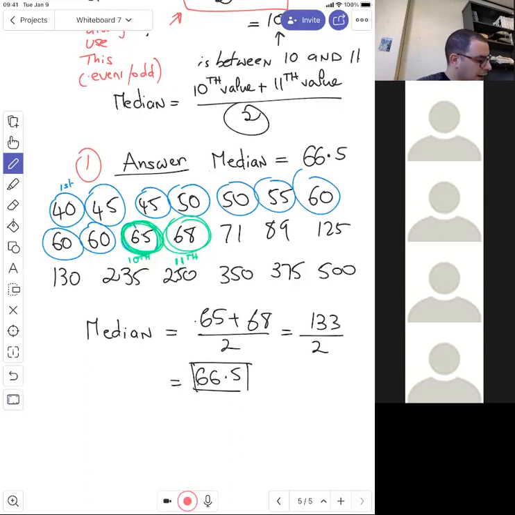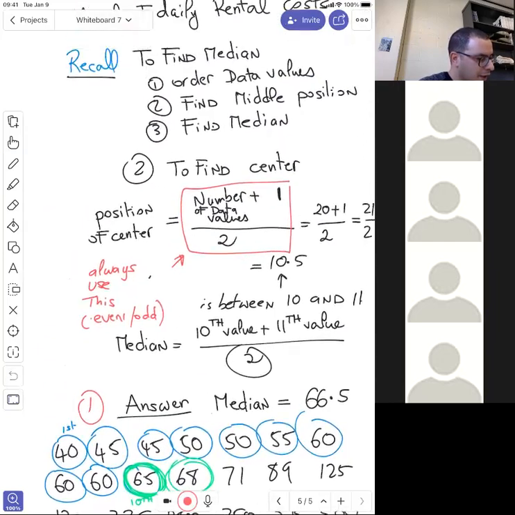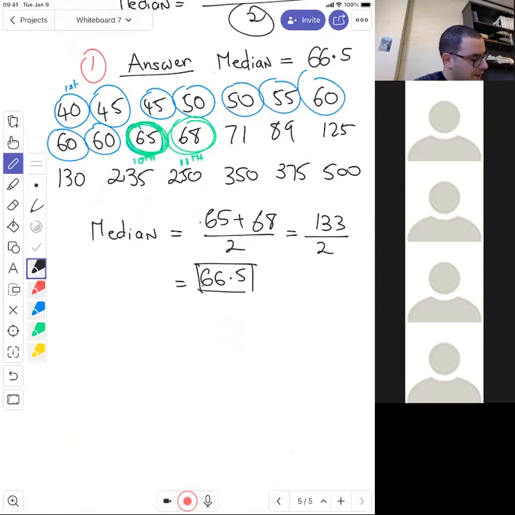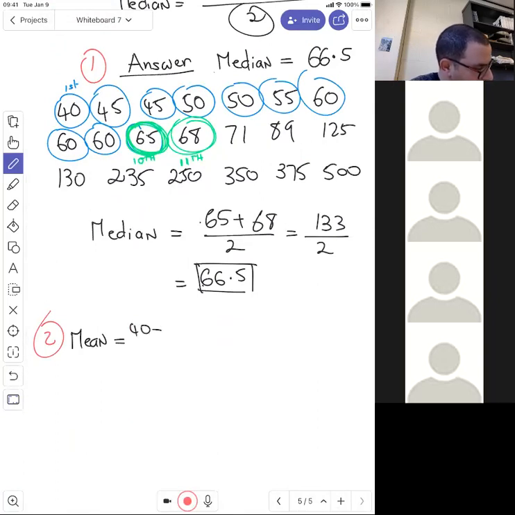All right, so we have the median. Next we need to find the mean. So number 2. The mean would be the sum of the numbers: 40 plus 45 plus 45 again, all the numbers, we have 20 numbers, plus the last number, 500.